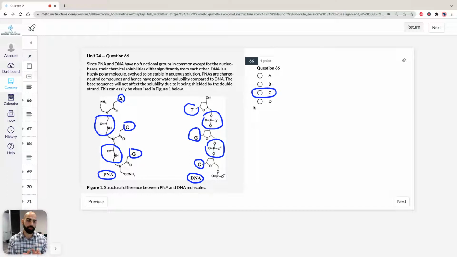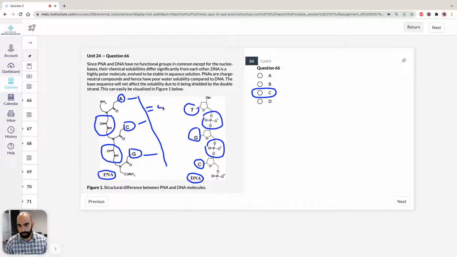However, be careful, because the question says compared to a fragment of double-stranded DNA, the analogous fragment of double-stranded PNA. So we're looking at double-stranded PNA, not just one strand. There's another strand here, which has the complementary base pairs.